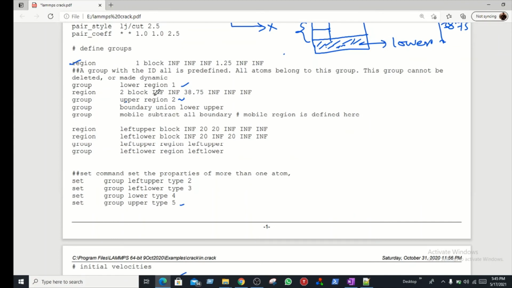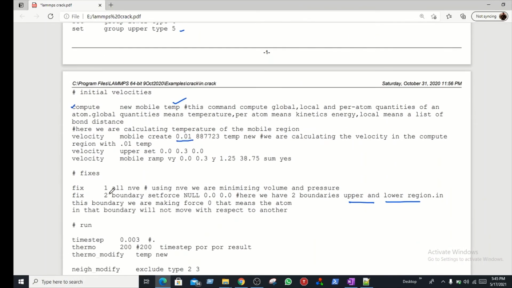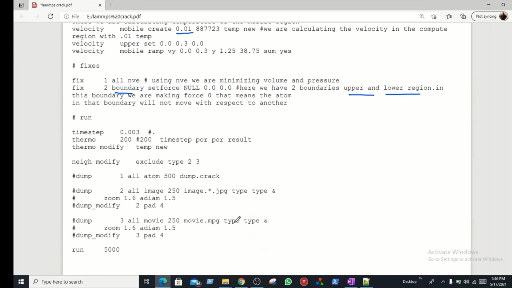Since we already declared that the boundary will be the lower and upper, we are using this command again, the boundary setforce, that means we are going to set the force of the upper and lower region to 0. In this boundary we are taking force 0, that means the atoms in that boundary will not move with respect to another.